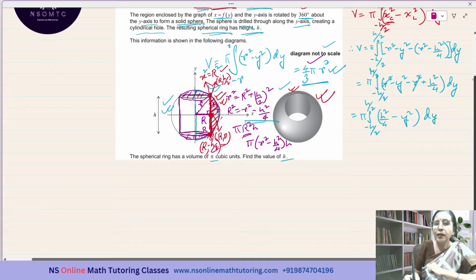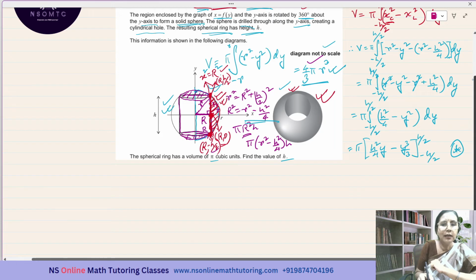So a square over 4 is a constant. So this is a square over 4 y minus y cube over 3, and the limits are negative h over 2 to positive h over 2, and I am coming to this side.